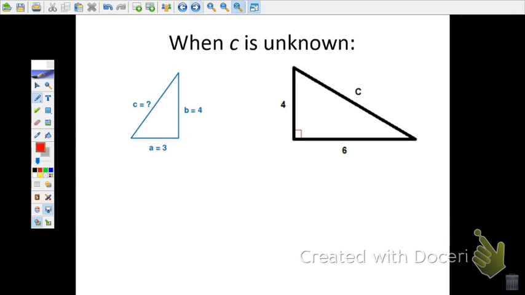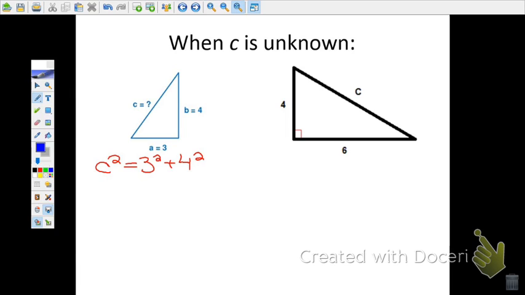So in this first triangle, they've identified the three sides for us. I'm ready to plug that information into the Pythagorean theorem. So c squared equals 3 squared plus 4 squared. Now I am ready to simplify that.